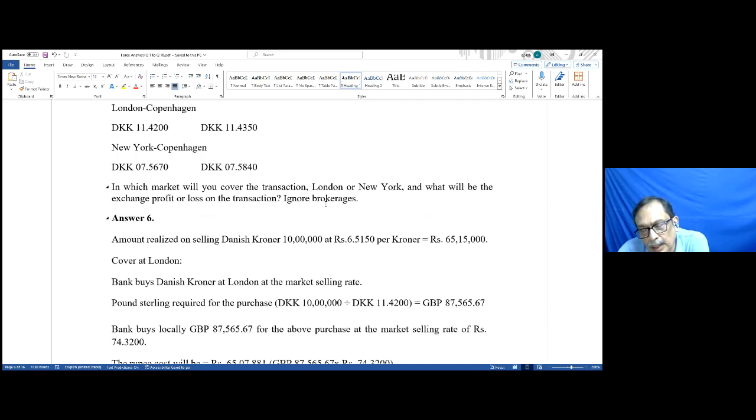In which market should cover of the transaction be made, and what will be the exchange profit or loss on the transaction? We are not considering the brokerages.